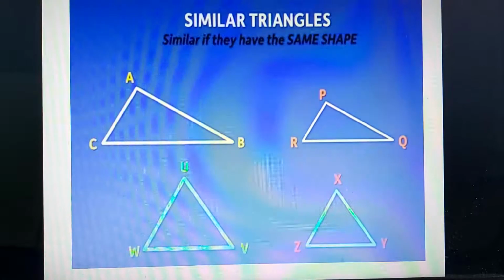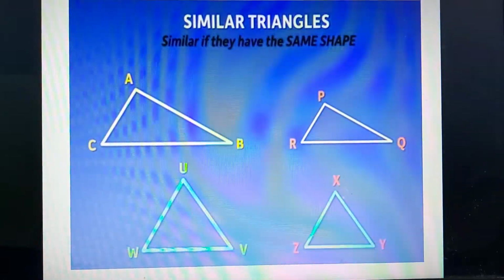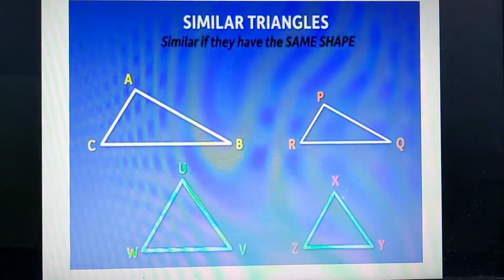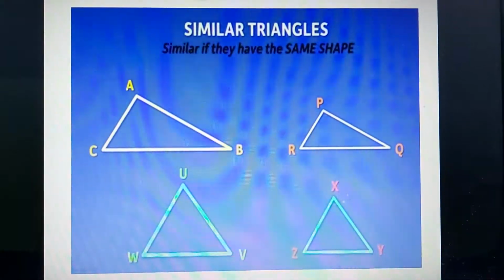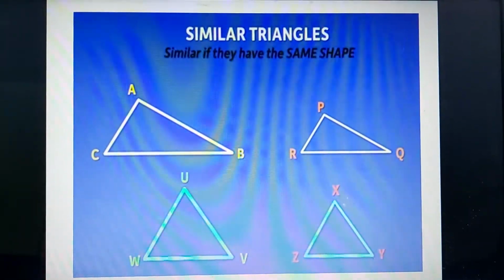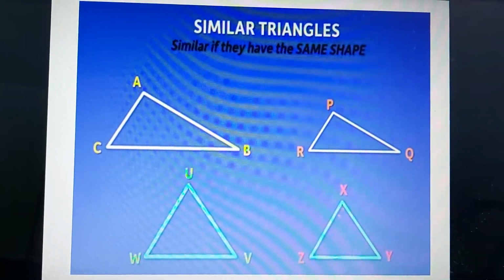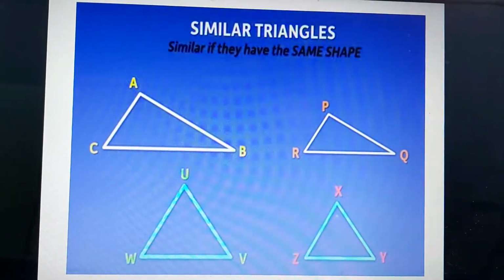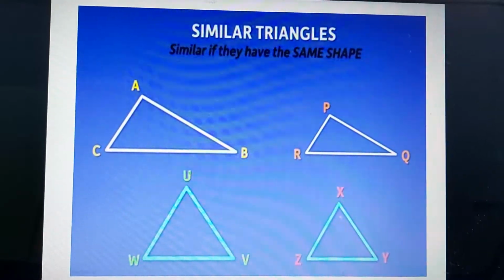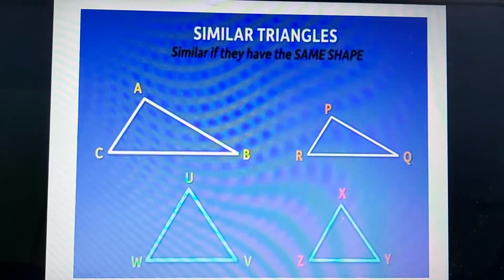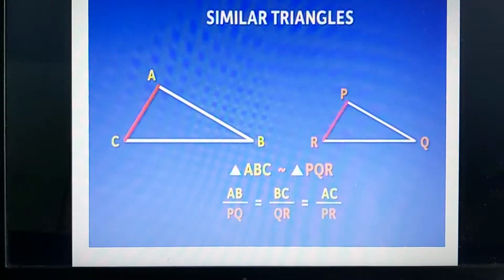What is special about similar triangles? When two triangles are similar, the ratios of the corresponding sides are equal. For instance, here triangle ABC and triangle PQR are similar.